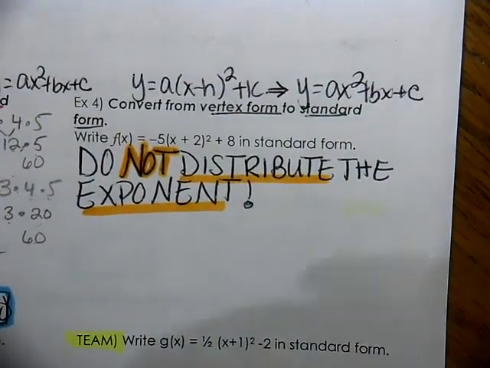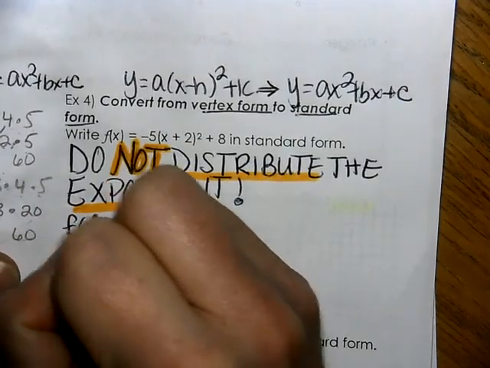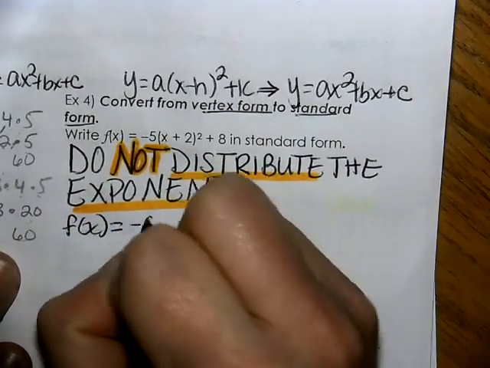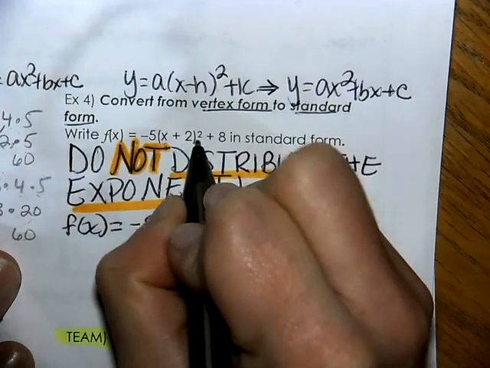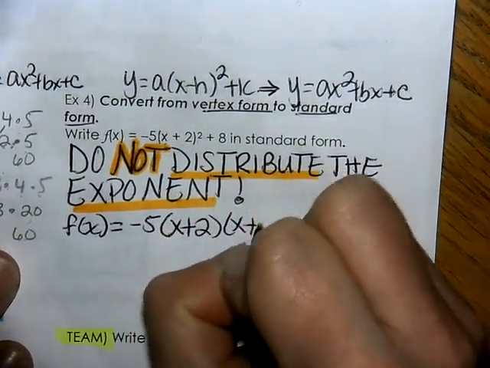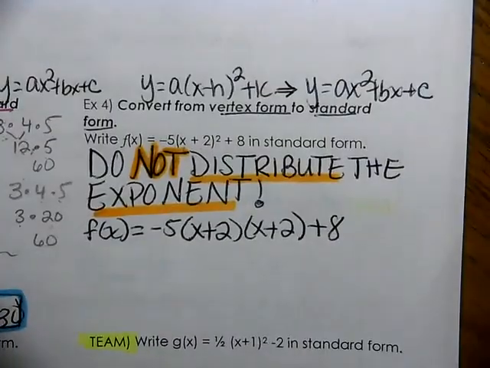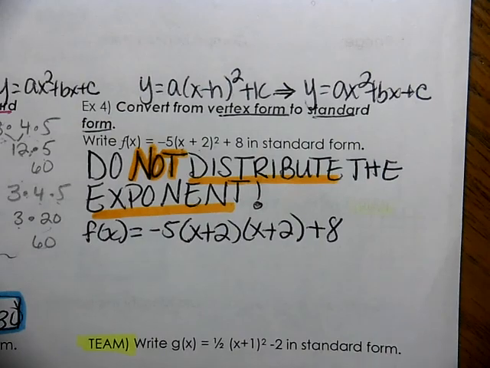Whatever you do. Instead, what we are going to do in this problem is we're going to rewrite this as f of x equals negative 5, and x plus 2 squared means x plus 2 times x plus 2, and then plus 8 is on the outside. Do not distribute the exponent.